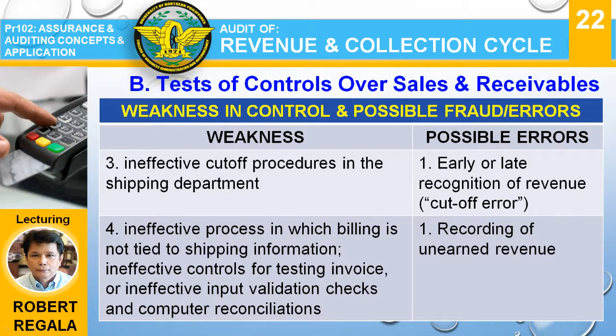These two weaknesses could result in recording of unearned revenue. An example result of the former weakness is the recording of sales based on the receipt of orders from customers rather than the shipment of goods. And an example result of the latter is the inaccurate billing and recording of sales.